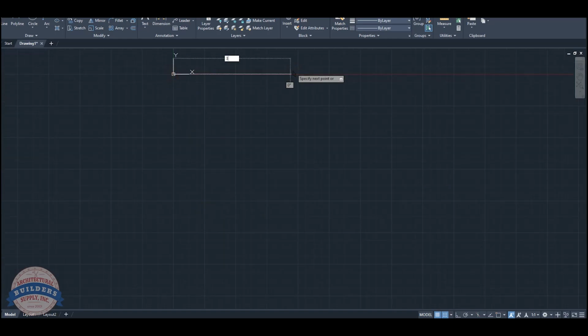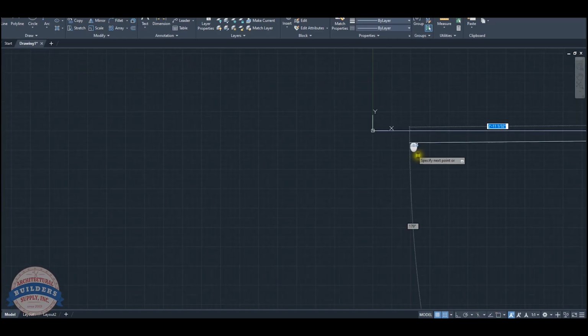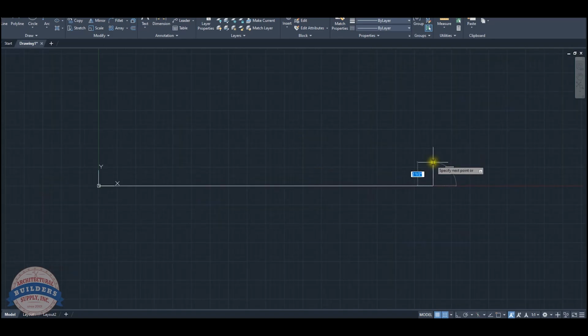So 36, 0, 1.75. Now we know that it's 3 degrees because we're door people. So let's just say that this is a, forgive me, 1 3/4 thick line at 3 degrees.